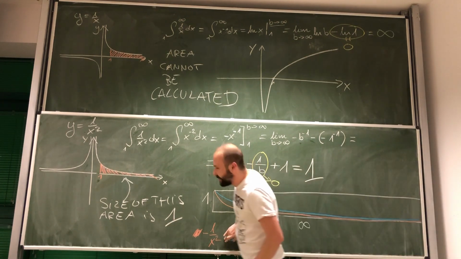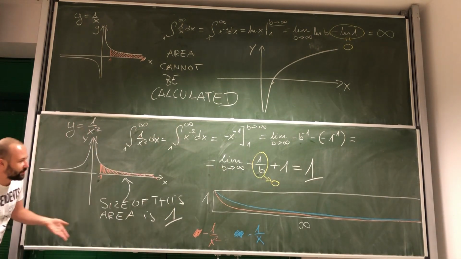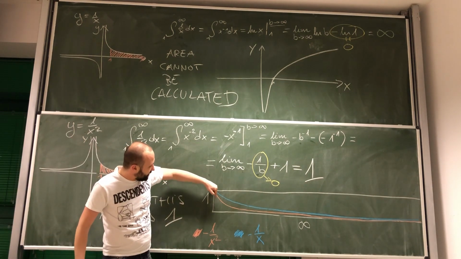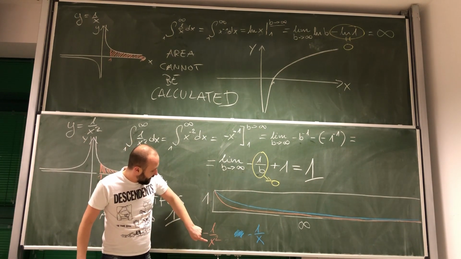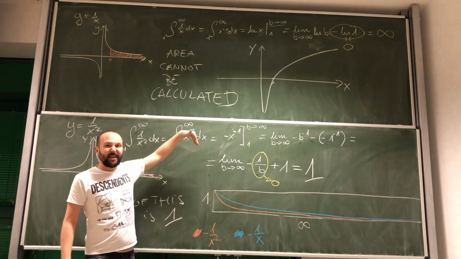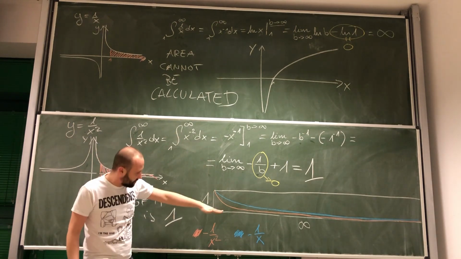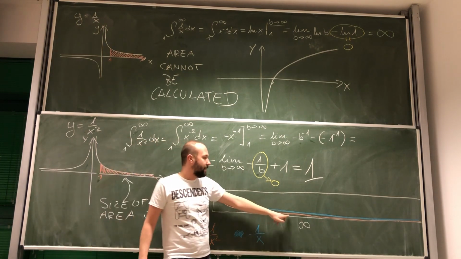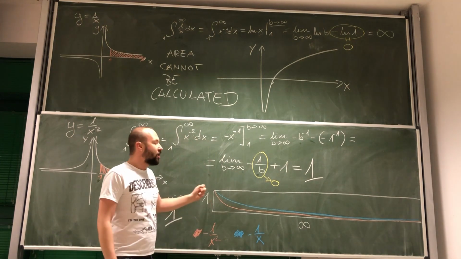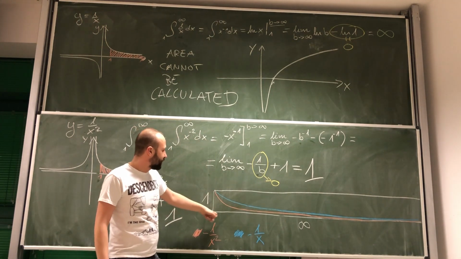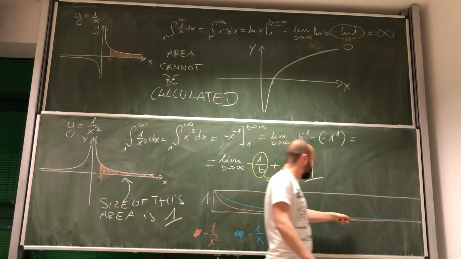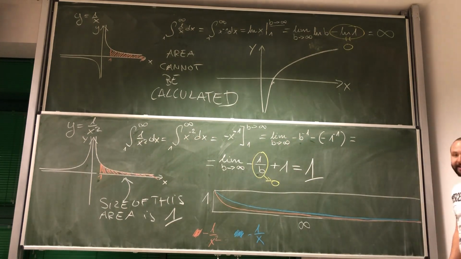However, in case of this function, the reverse is true. Here the values of the function, so the height, is dropping faster than length is increasing. So each increase in length is more than compensated by decrease in height.